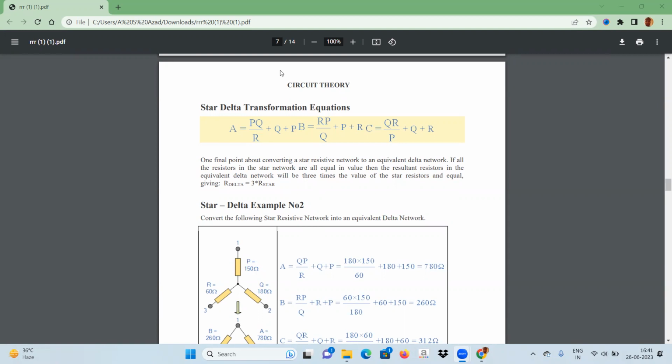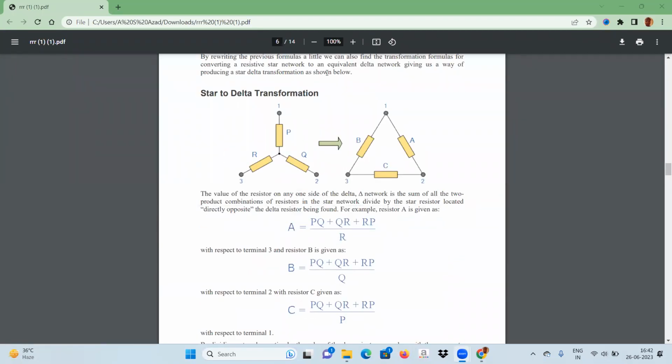Similarly, B will be, this R can be cancelled.